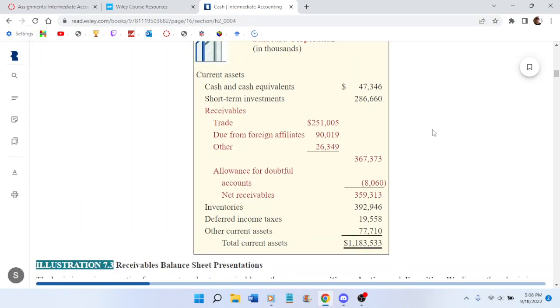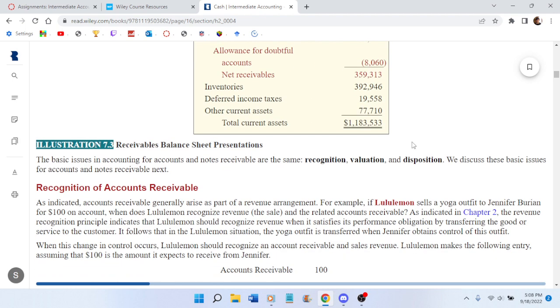We'll try this one. Cash, short-term investments, receivables, trade due from foreign affiliates, other receivables. There are trade receivables due from foreign affiliates and other receivables. Allowance for doubtful accounts, subtract, net receivables.